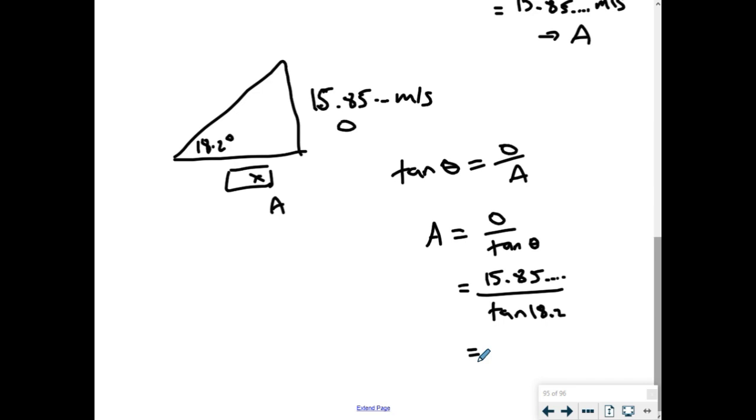The adjacent side is your x velocity. So I'm going to take that 15.85 number and divide it by tan of 18.2. I've calculated that the adjacent side, which is the velocity in x initial, is 48.22, etc. And I may as well store that as letter B.